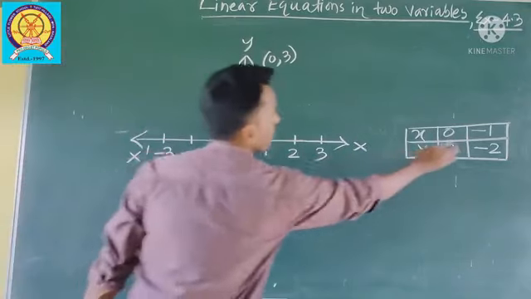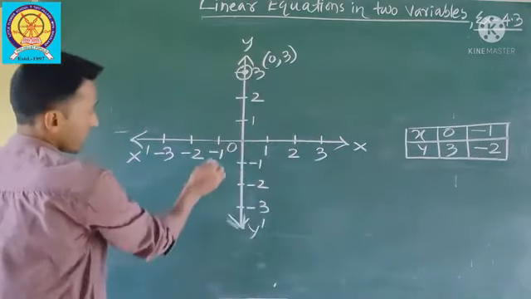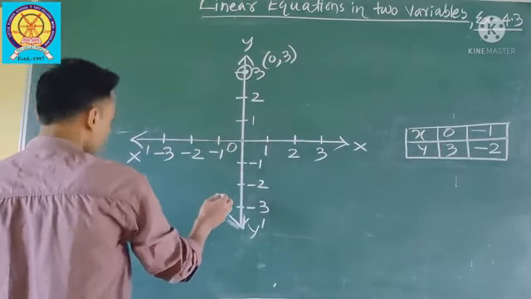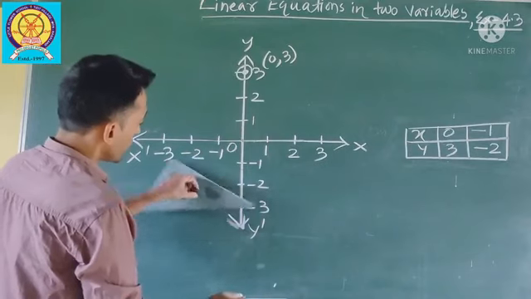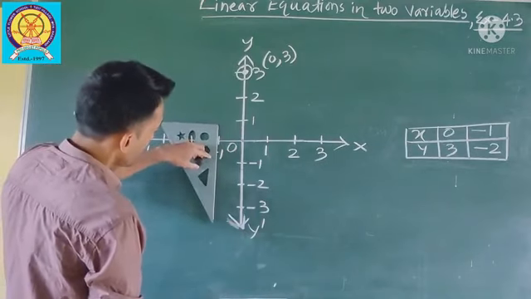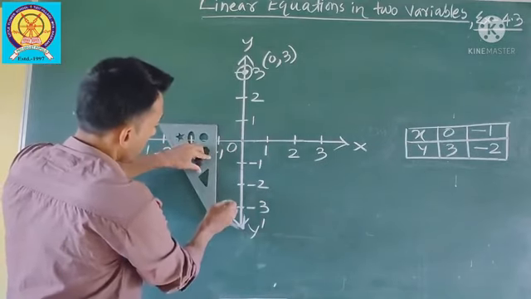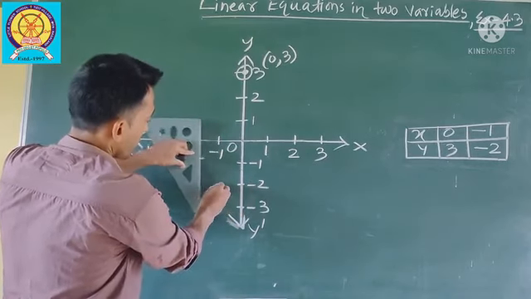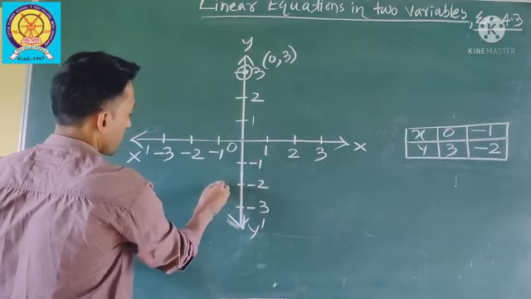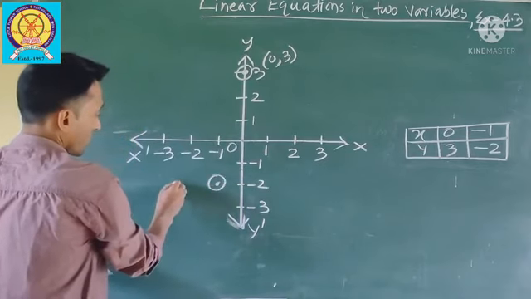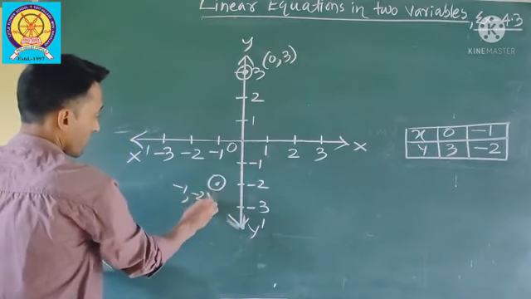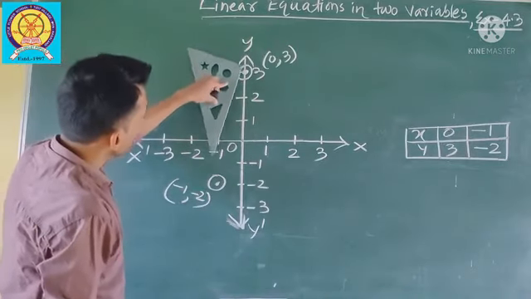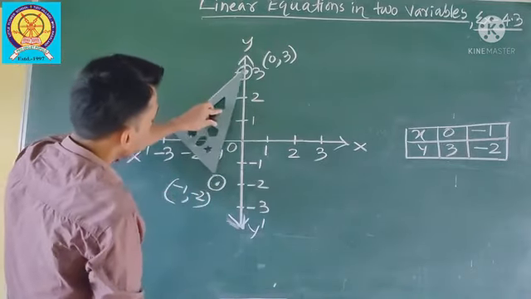Then y is minus 2. So your point is this one, (minus 1, minus 2). Now you join these points.